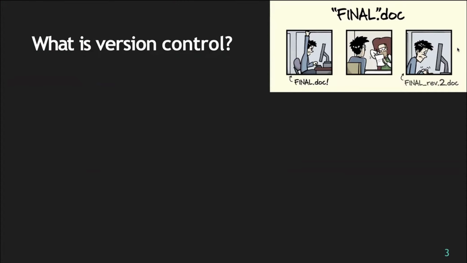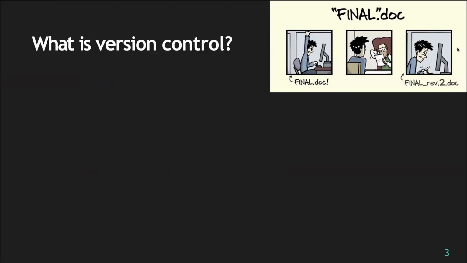Let's answer the question what version control actually is. So here we have the example of a PhD student, and he finally finished a paper or his thesis, and he names this document final.doc. And then he shows this to his advisor, and naturally, as it happens, you get comments and suggestions.